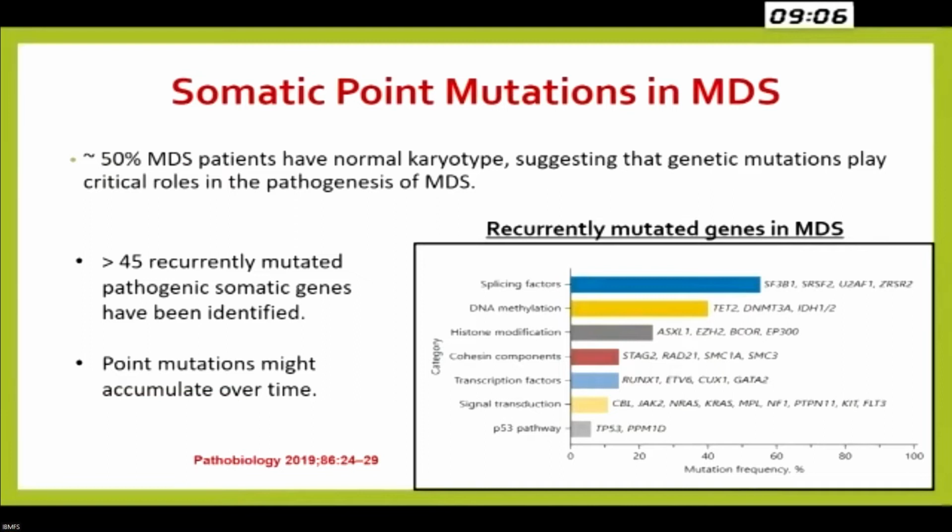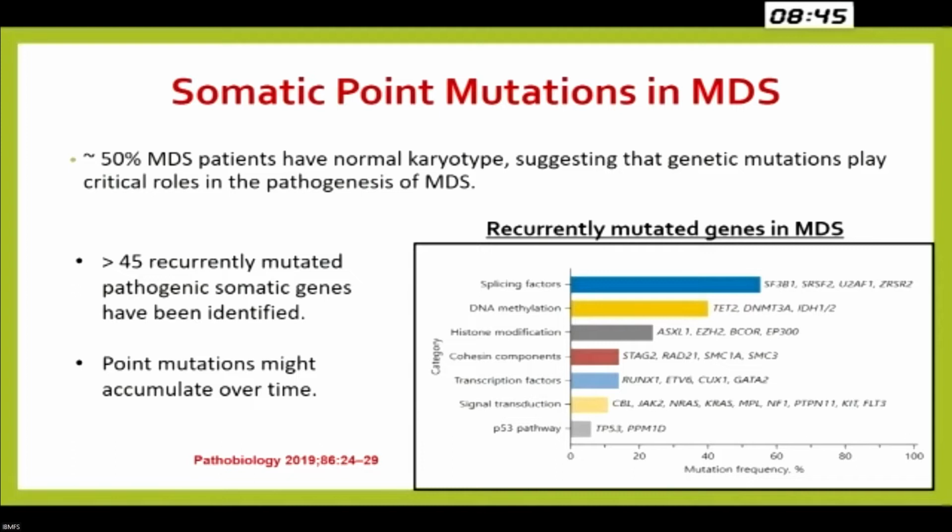The somatic mutations that you see normally in MDS are point mutations, and as the disease progresses, accumulation of more point mutations happens. And when you look at the cytogenetics, nearly half of the patients of MDS will have some kind of cytogenetic abnormality.